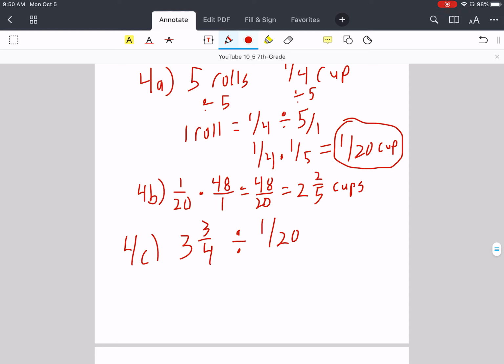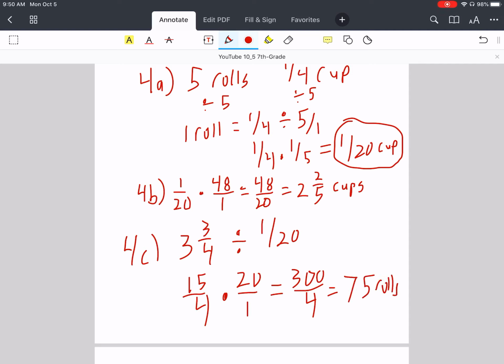So that's going to convert to 15 over 4 times 20 over 1, which is equal to 300 over 4, or 75 rolls.